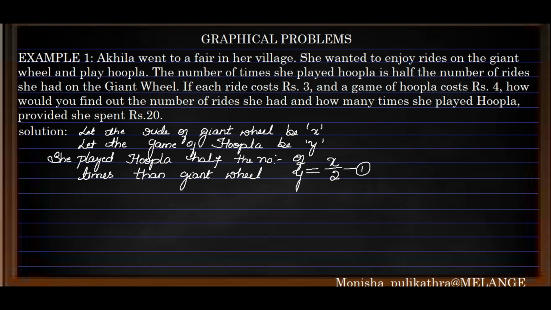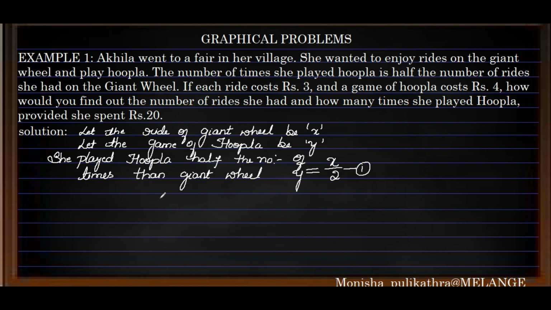Next, if each ride, ride means giant wheel, costs ₹3 and a game of hoopla costs ₹4, how would you find out the number of rides she had and how many times she played hoopla, provided she spent ₹20?